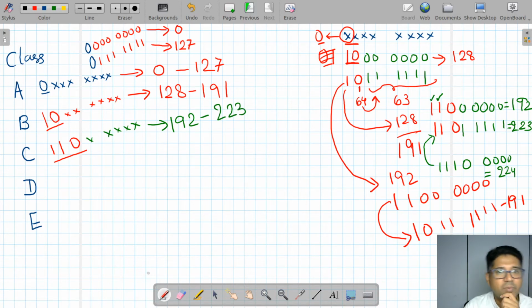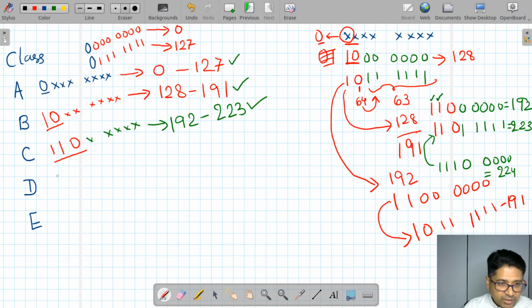Just looking at the bits I can tell. Clear guys? Yes, sir. So these are class A, class B, class C. If any IP starts from this range, it is class A, this range class B, this range class C.